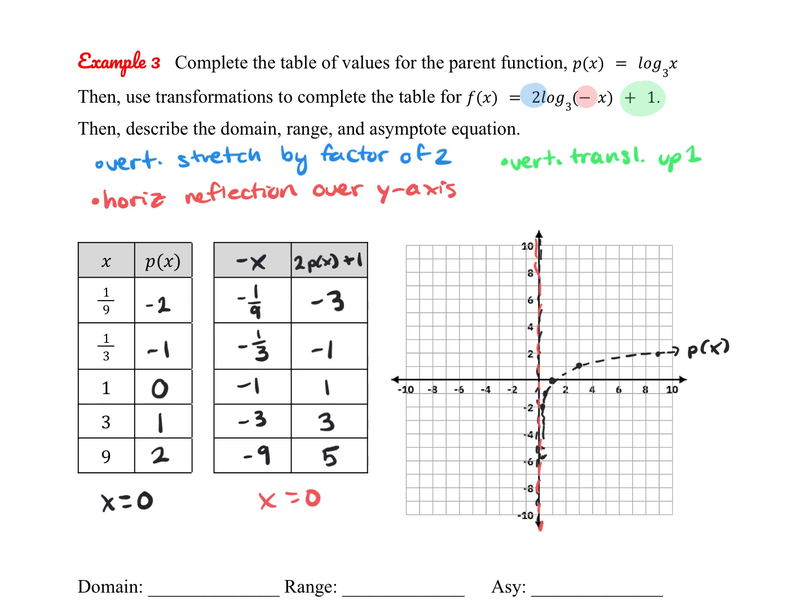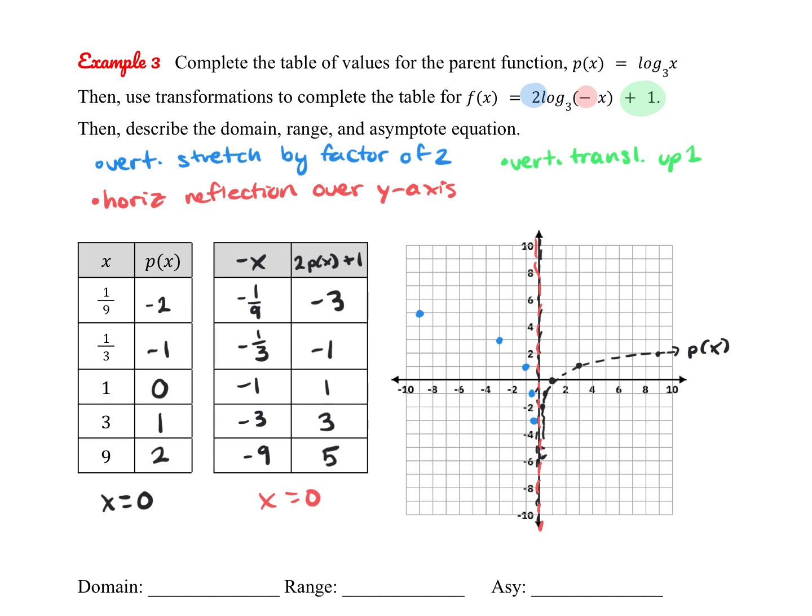And then if we plot our new points, it will look something like this: (-1/9, -3), (-1/3, -1). Again, you really just have to estimate those. And then we have (-1, 1), (-3, 3), and (-9, 5).